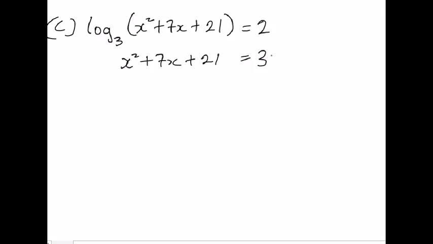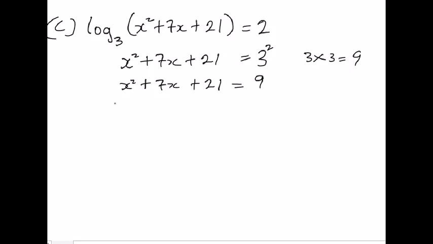So we now have 3 raised to power 2. Okay, so we have x squared plus 7x plus 21 equals 9. 3 raised to power 2 is 9. That is 3 times 3, and that equals 9.